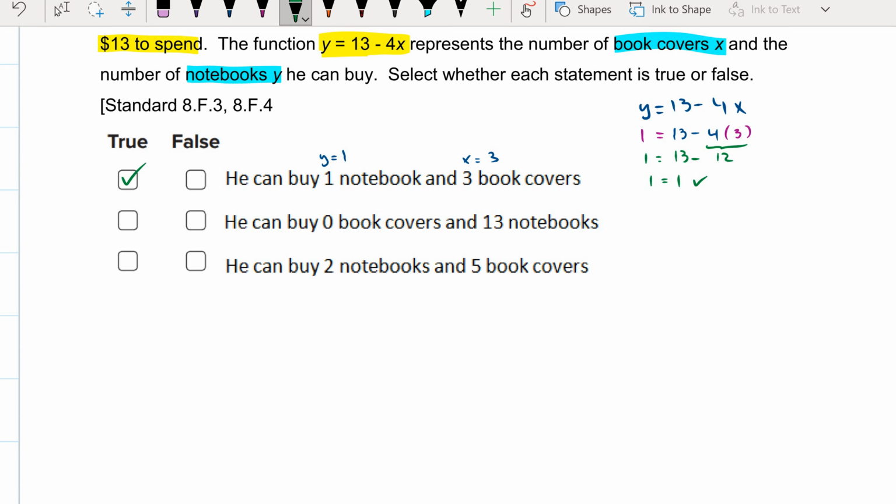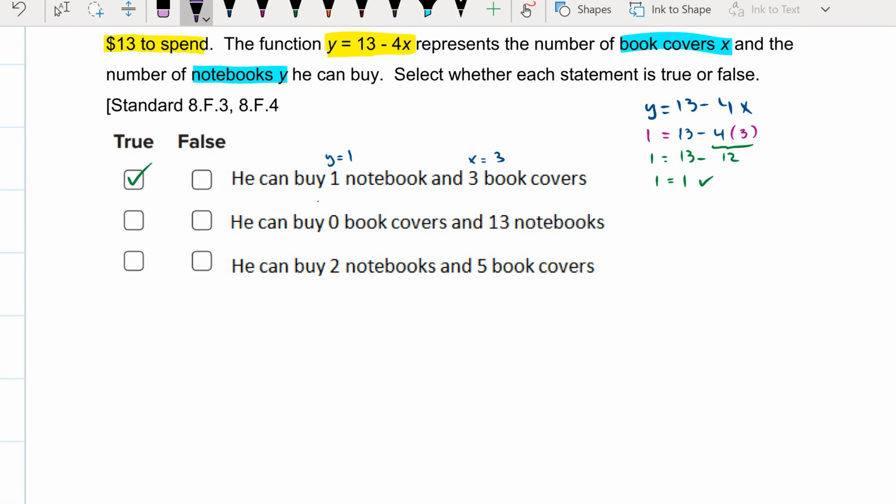Okay, we're going to do the same thing for the second statement. He can buy 0 book covers and 13 notebooks. So make sure book cover is x equal to 0 and y equal to 13. So we do the same thing: y equal to 13 minus 4x.